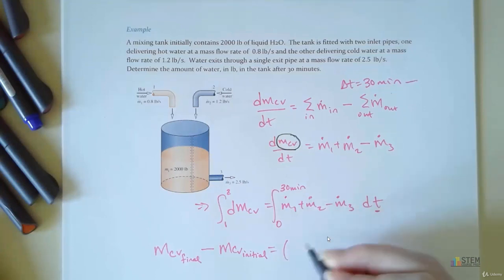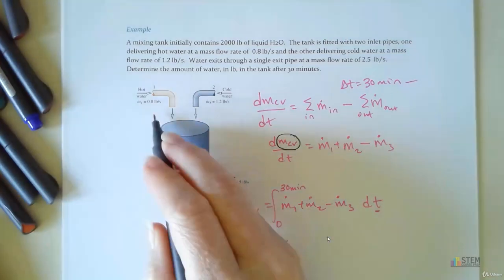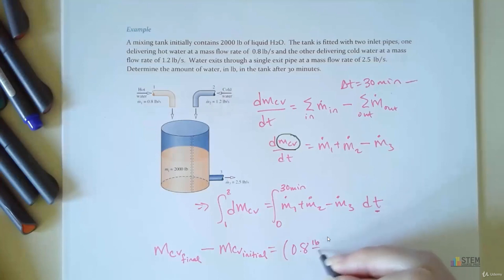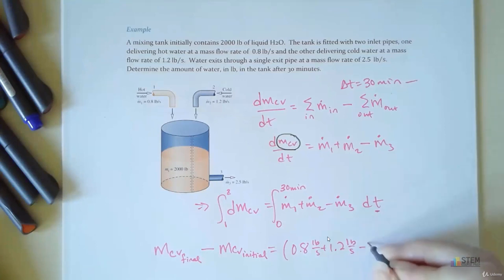And let's go ahead and plug our values in. m1 dot was 0.8, and that's pounds per second. m2 dot was 1.2 pounds per second. And then m3 dot, we need to subtract that. That's 2.5 pounds per second.